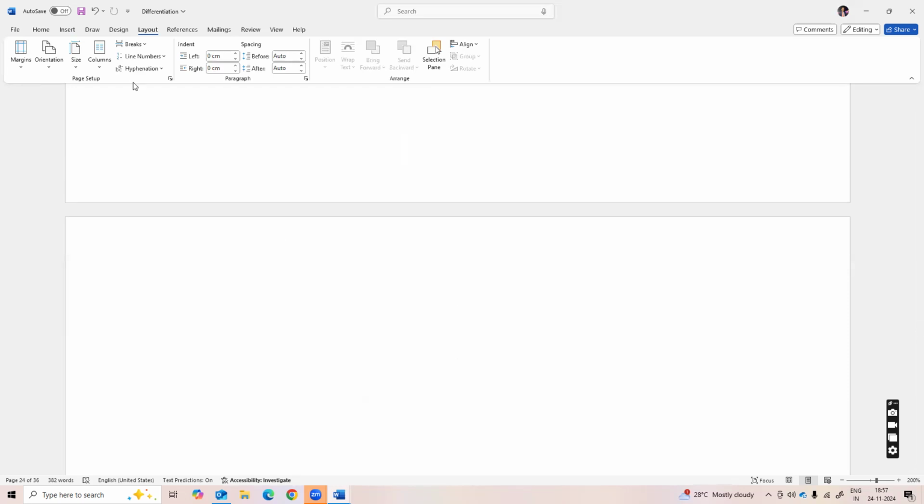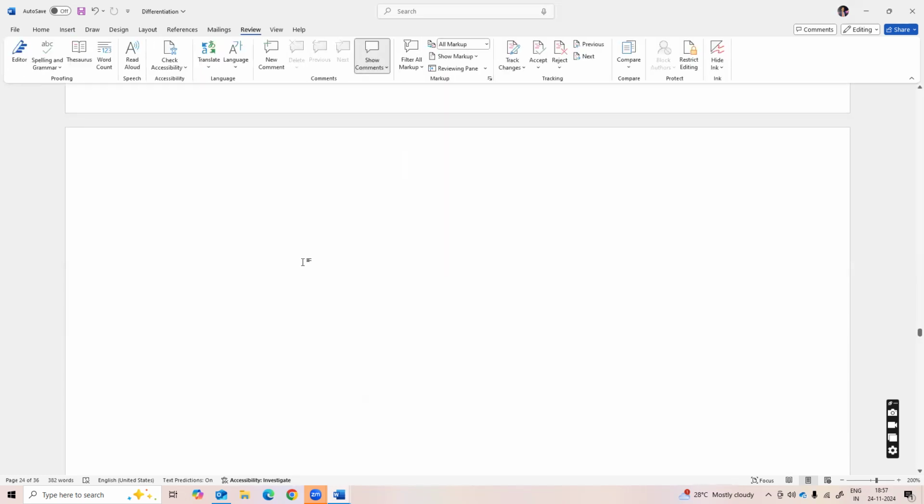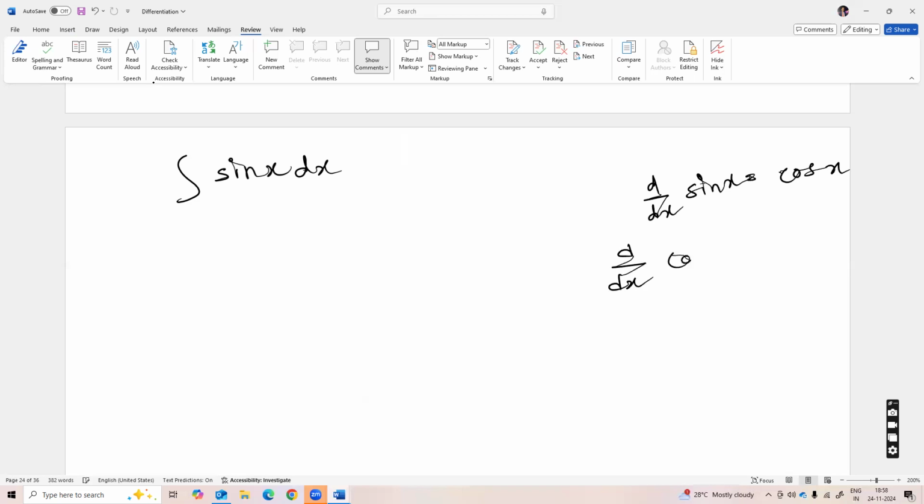So if you have to find the integration of sine x dx, as we have seen, the differentiation of sine x, d by dx of sine x, was cos x, and d by dx of cos x was minus sine x.